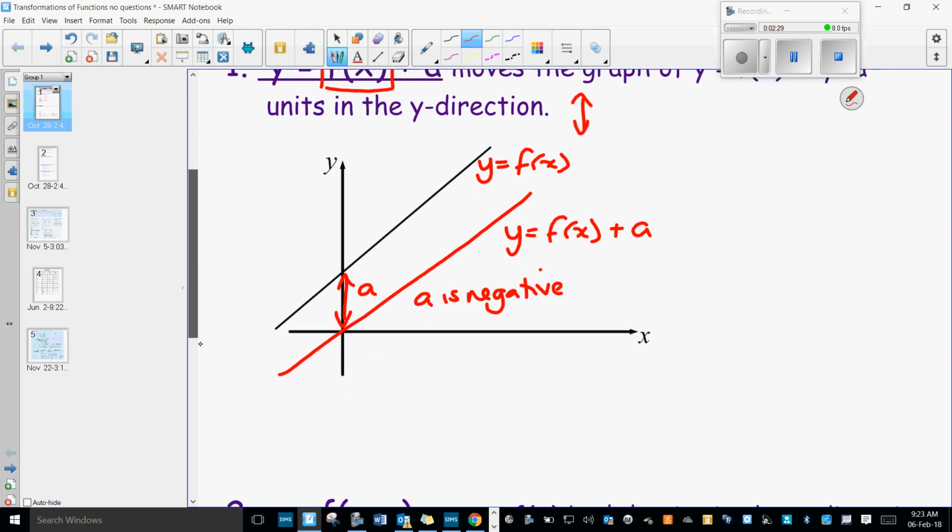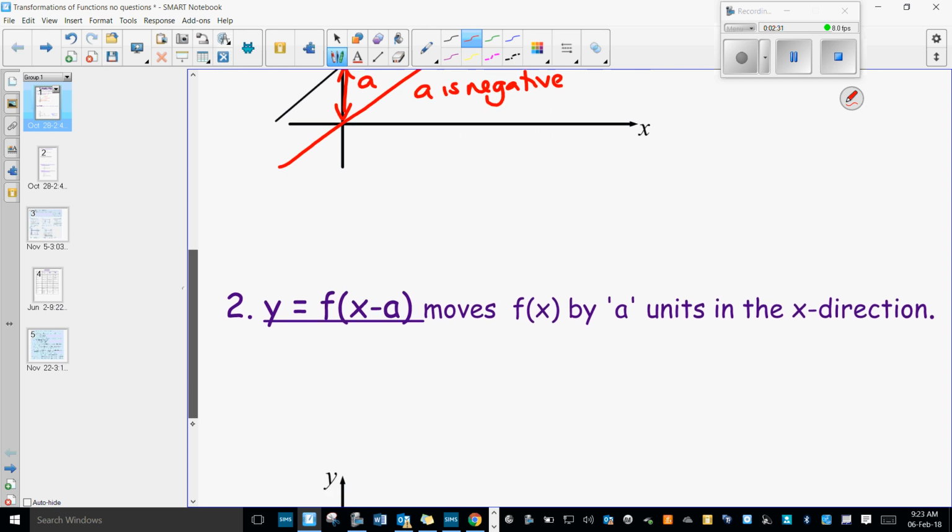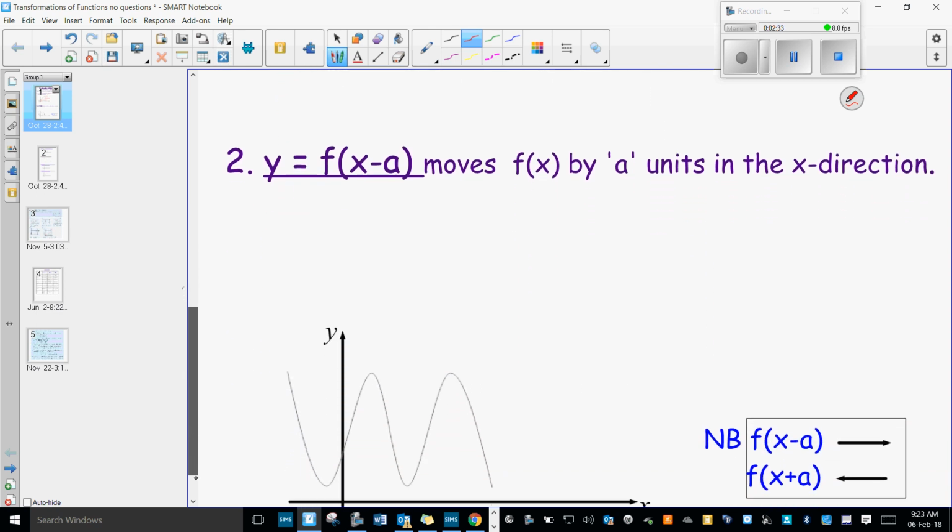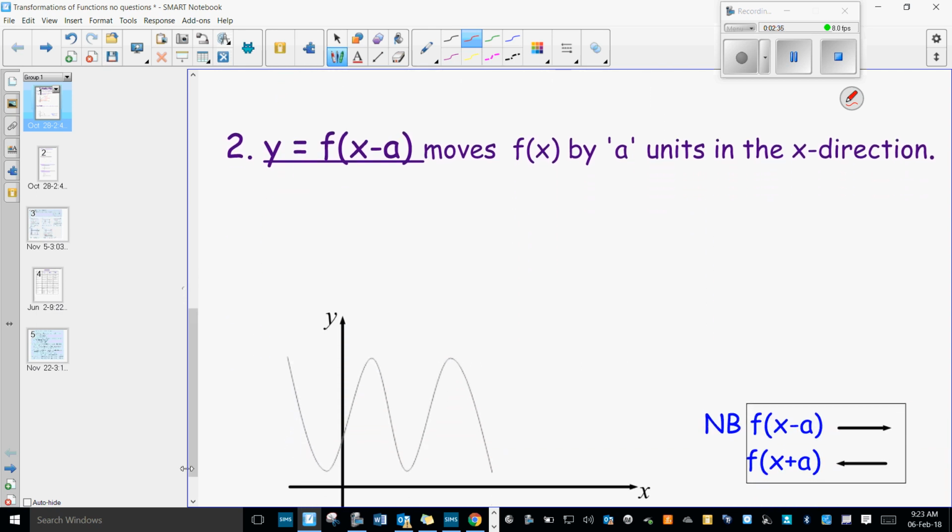Okay, this next one, f(x) minus a. Now, it may be worth considering things that we've looked at just recently in the quadratic graphs. If I had y equals (x minus 2) squared, do you remember what happened with that graph? Do you remember what happened to the y equals (x minus 2) all squared graph?